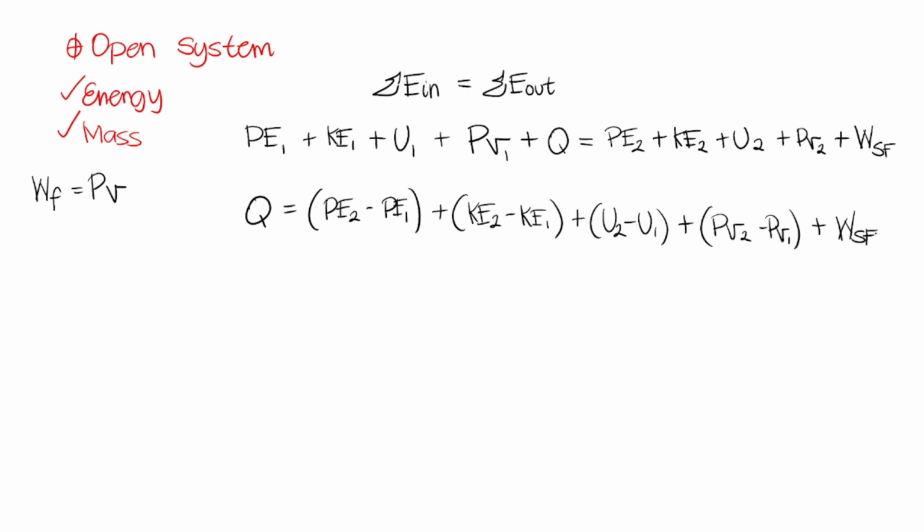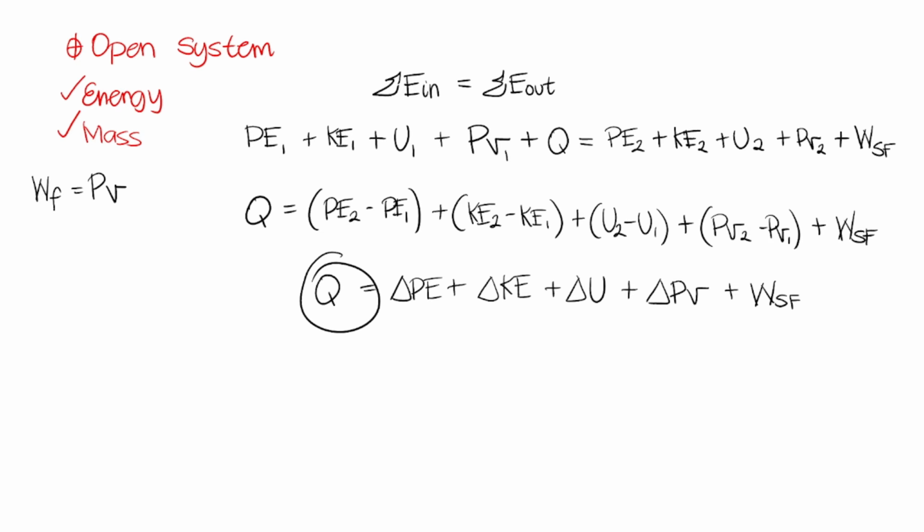And again, final minus initial indicates change, or we can represent them as delta. So Q is equal to delta potential energy plus the change in kinetic energy plus the change in internal energy plus the change in flow work. And don't forget our work steady flow na nag-produce ng ating system because of the applied heat.